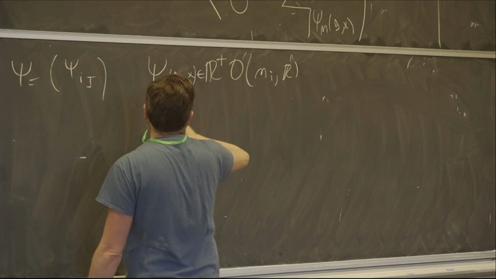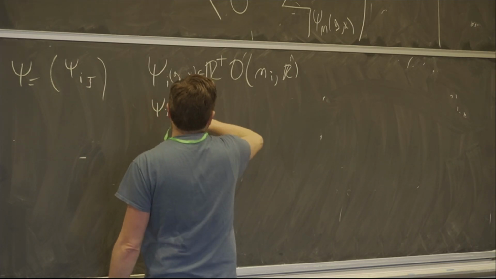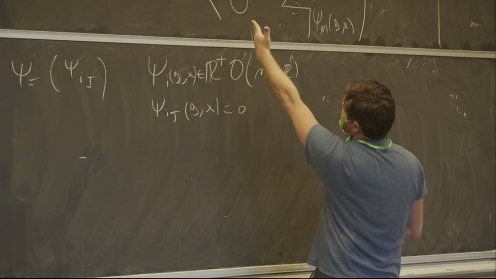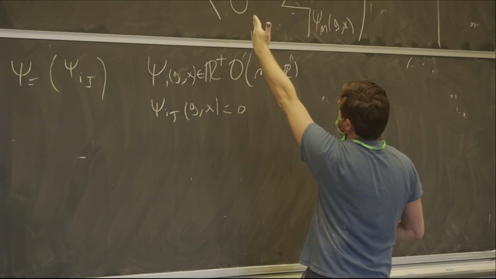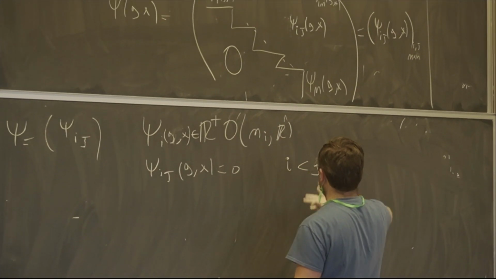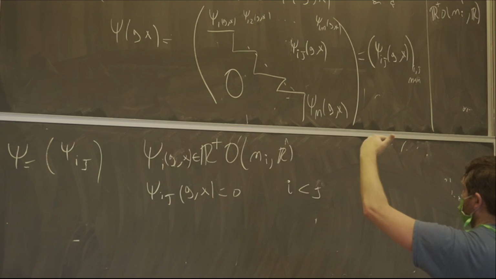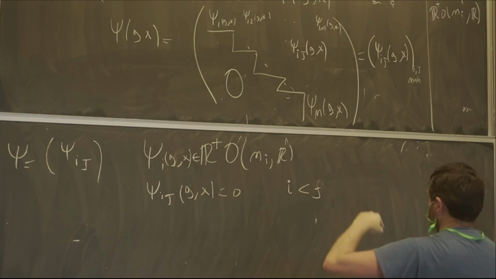Psi_ij of gx is 0 if I'm below. So what is being below is i larger than j, so it's row i, column j.